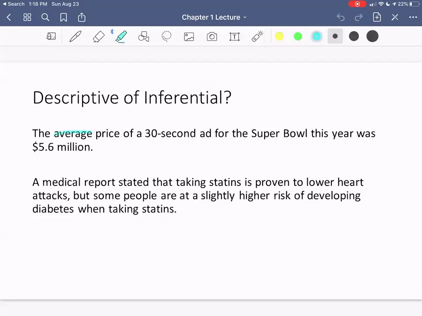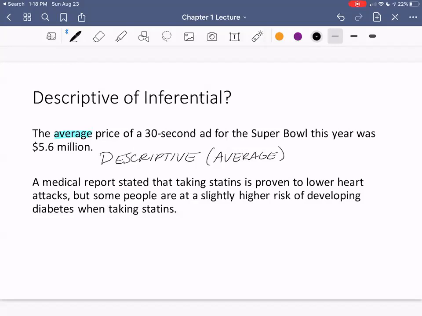So here's our key feature, the average. What we're going to say is this is talking about the actual data that we have collected. In this case it is descriptive, mostly because it uses the keyword average.